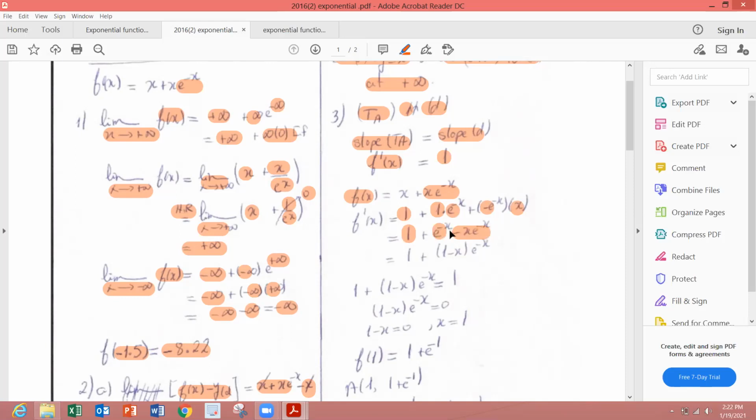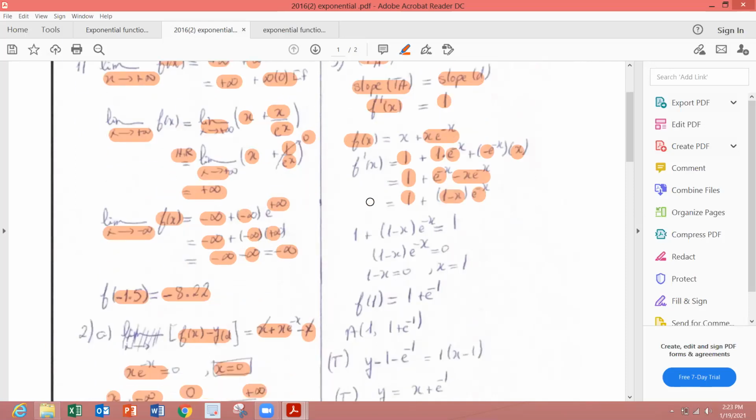Taking the exponential of minus x common, what remains is 1 minus x. Any questions about the derivative? No. Now we solve the equation.